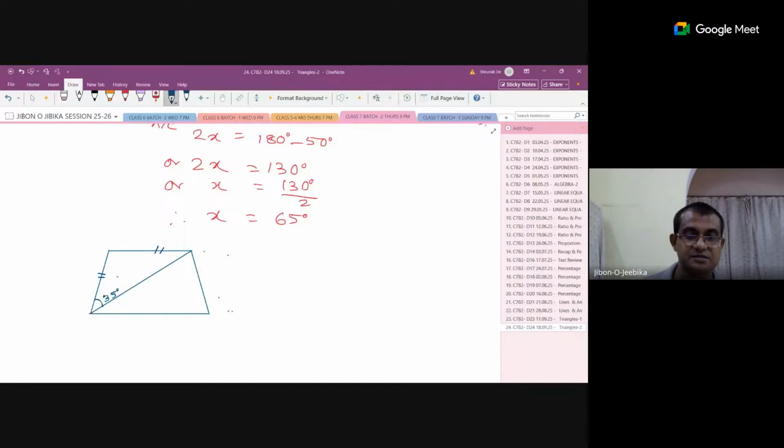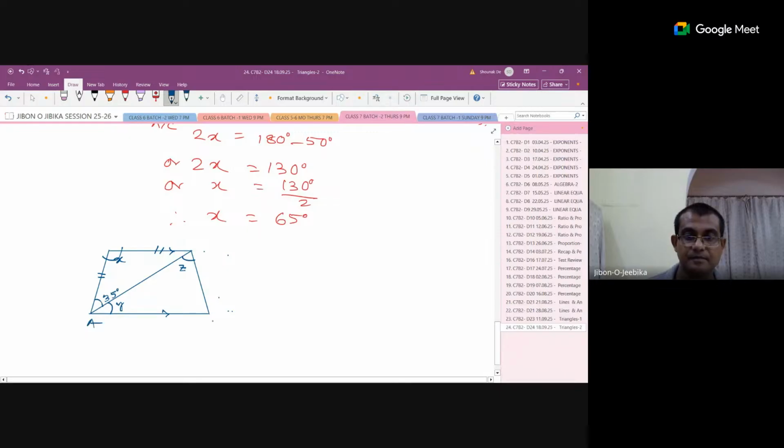This is X. This is, sorry, Z. This is Y. This is a trapezium. It's clear in the diagram.